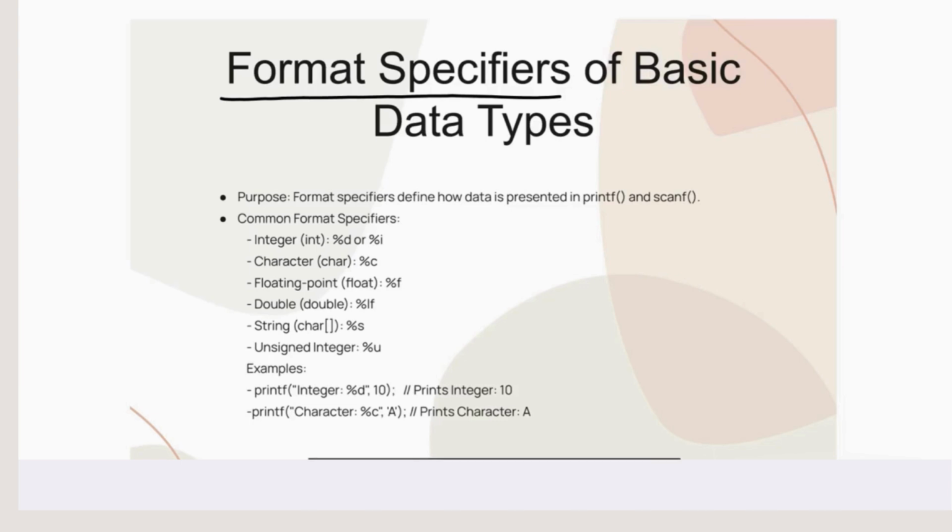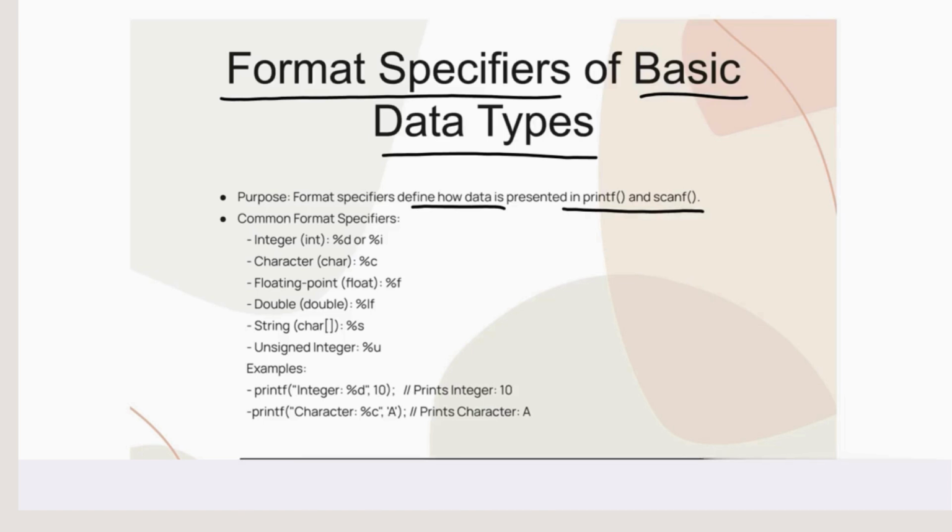Let us see all the different types of format specifiers, where we use different basic data types to print or to get the result from an expression or even to get the value from the user. In such scenarios where we have to directly use the value of a variable, we need format specifiers. Format specifiers define how data is presented in printf and scanf statements.